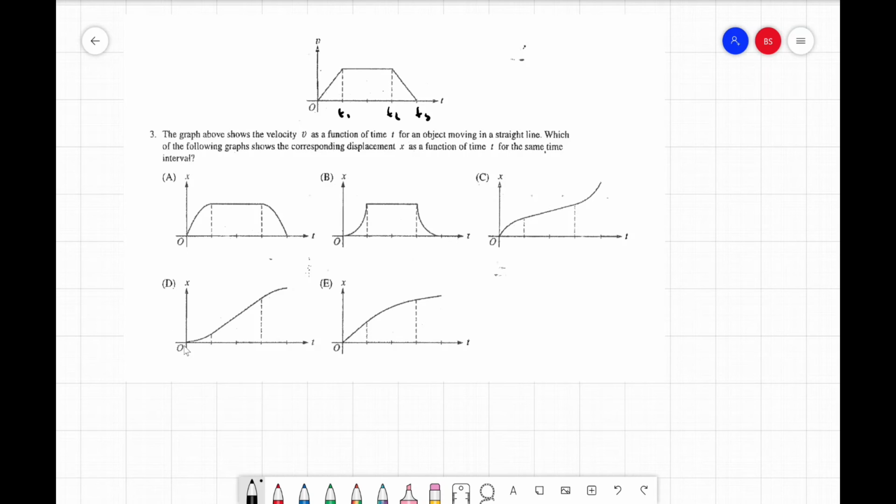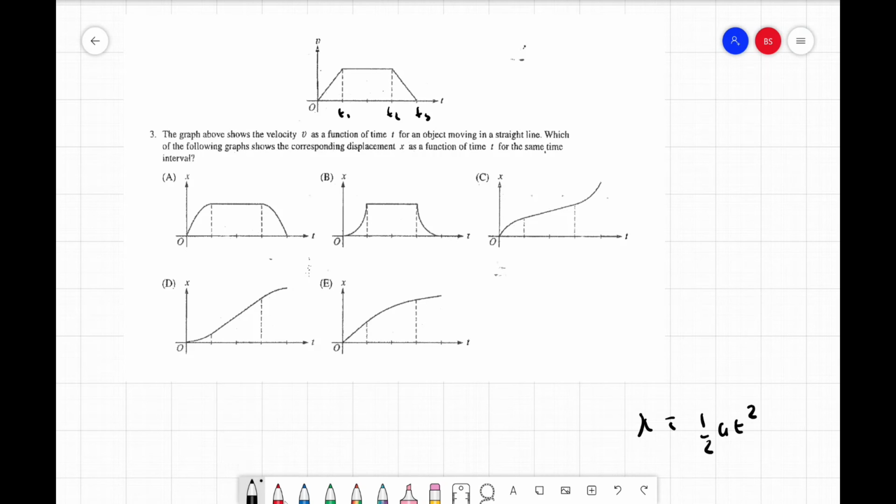Since the acceleration is positive, the displacement time graph will behave like a quadratic because the formula for displacement, if the initial velocity is 0, is going to be s, or x actually, equal to 1/2 at squared.